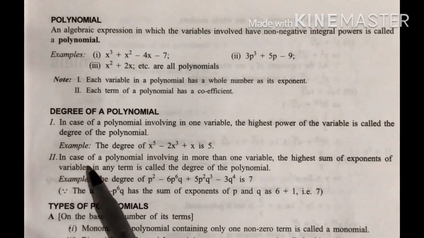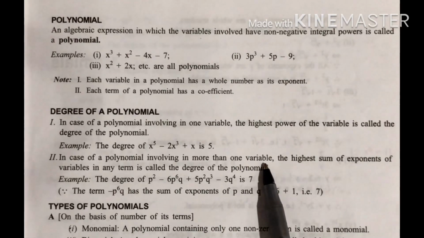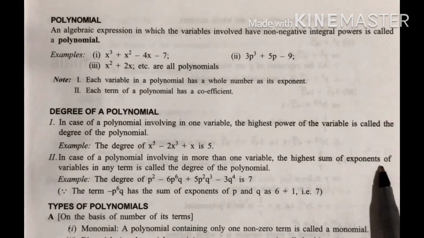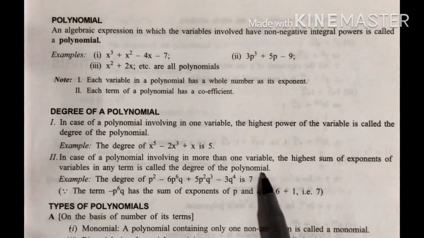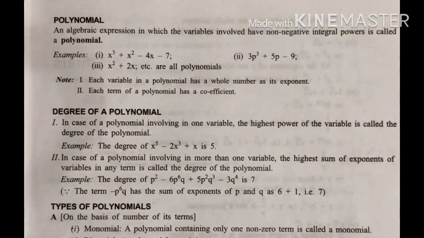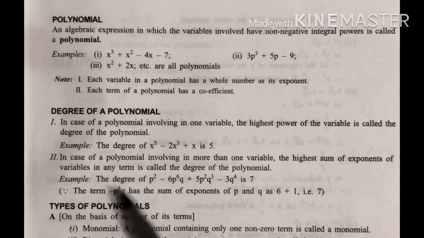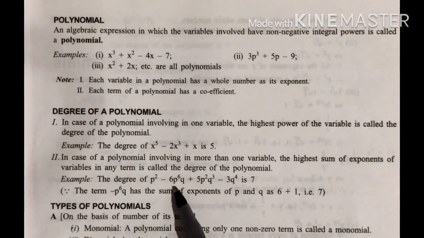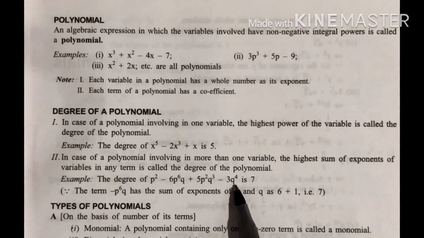Now in the case of a polynomial in more than one variable, if more than one variable is present in a polynomial, in that case the highest sum of exponents of variables in any term is called the degree of the polynomial. So we find which term has the highest sum of exponents. Here in the example, the degree of p⁴ - 6p⁶q + 5p²q³ - 3q⁴.